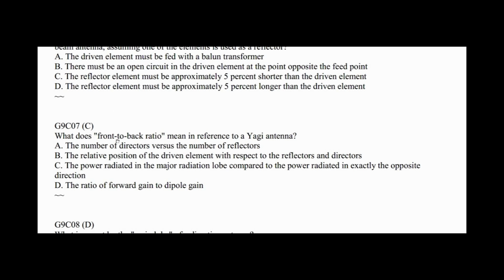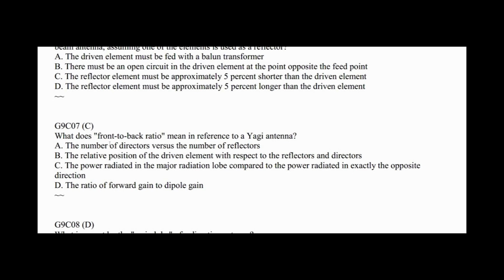G9C07, what does front-to-back ratio mean in a Yagi antenna? Just pretty much what it says. If you compare the signal from the front of the antenna to the rear of the antenna, what is the ratio? It's usually expressed in dB.